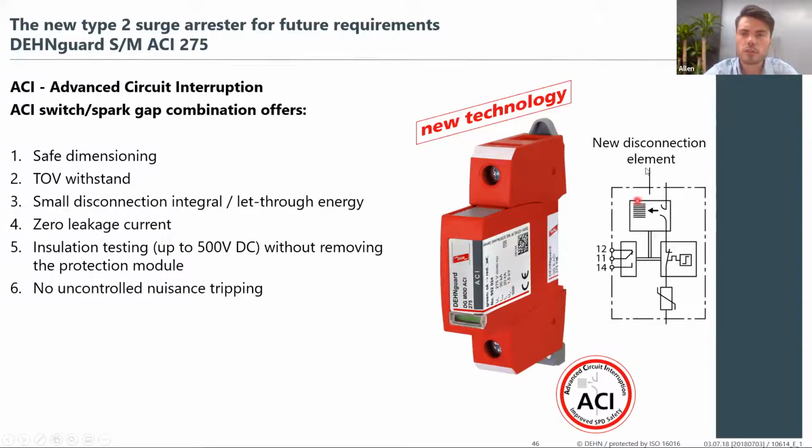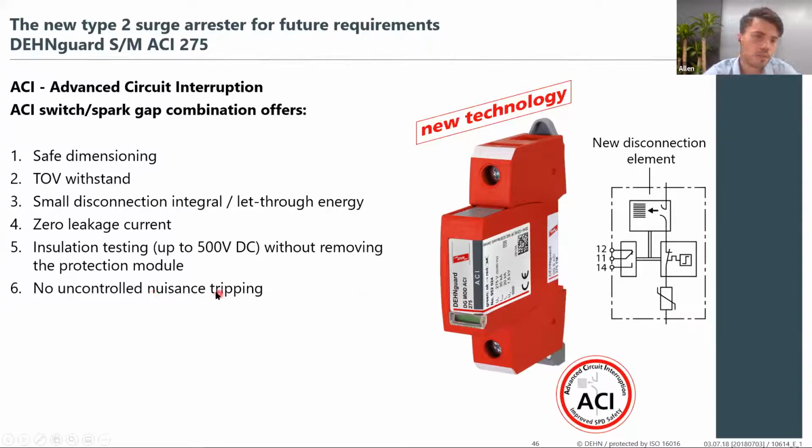And with the new switch spark gap technology, you have a small let-through energy. So most of the energy of a fault condition will go to ground via the SPD, and not a lot of energy will pass through to your downstream electrical installations.